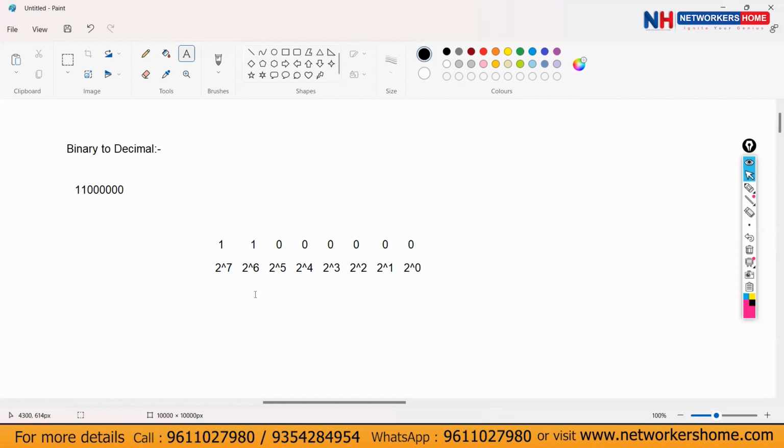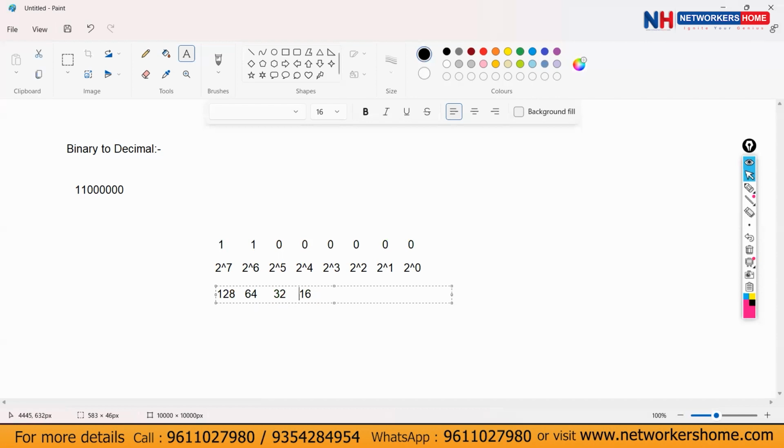So what is the answer for 2 power 7? 128. Next, 2 power 6, 64. 2 power 5, 32. 2 power 4, 16. 2 power 3, 8. 2 power 2, 4. 2 power 1, 2. 2 power 0, 1.